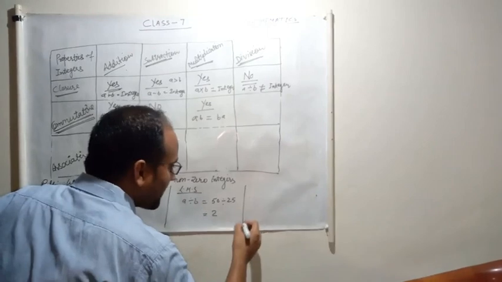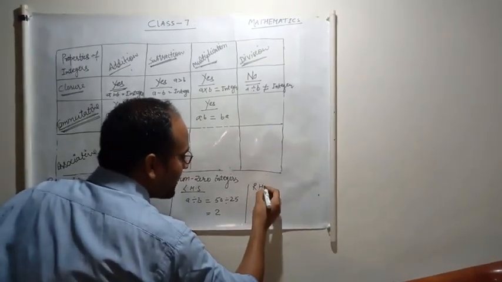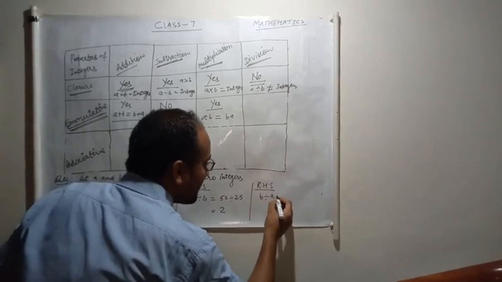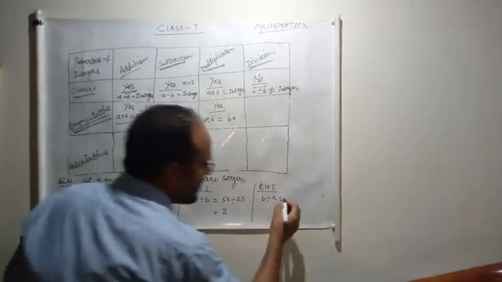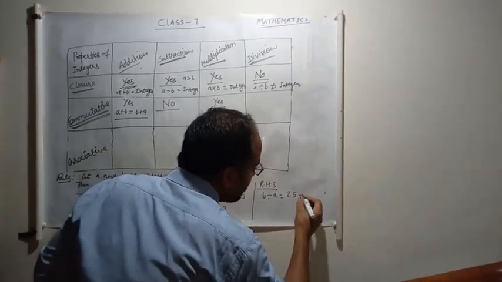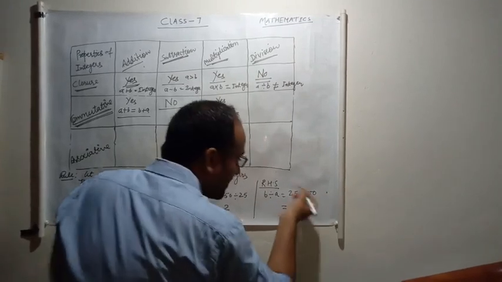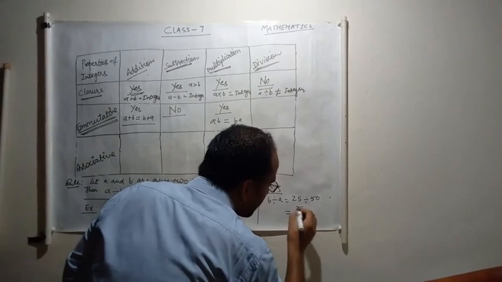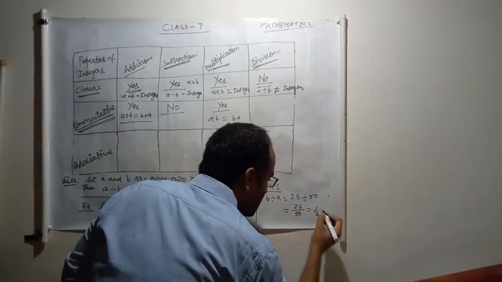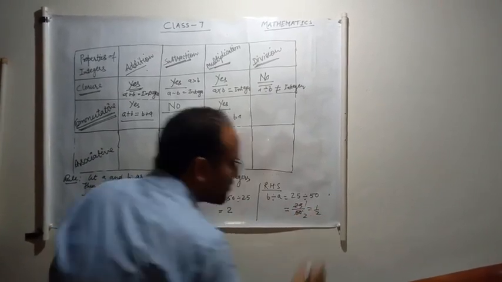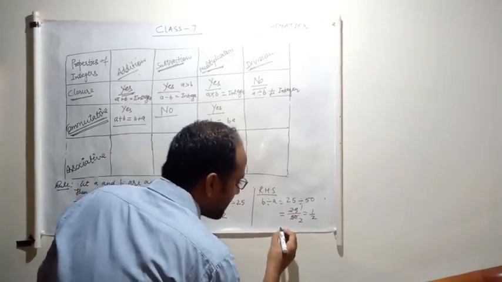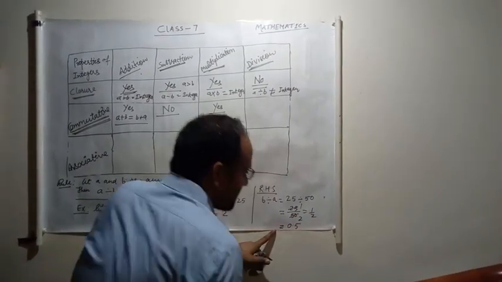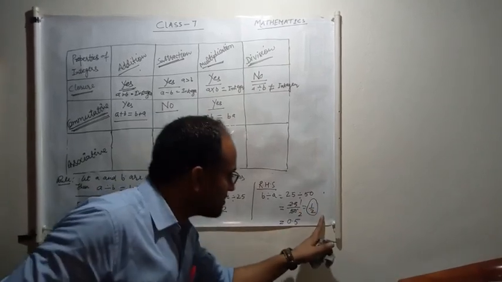Then you can solve the right hand side. Right hand side is b divided by a. Your value of b is 25. 25 divided by 50, you can write it like this, 25 upon 50. If you cut this, you get 1 upon 2. 25 ones are 25, 25 twos are 50. You will get 1 upon 2, or if you change it into a decimal, you will get 0.5. So 1 by 2 is a rational number or a fraction.